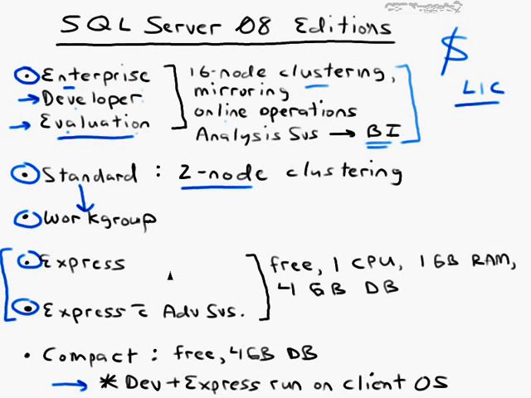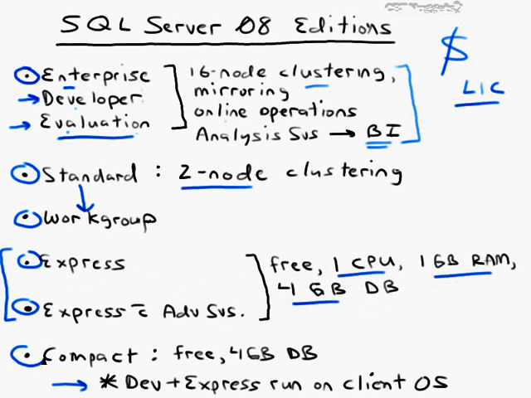We can actually write our line of business application to write to a SQL Server Express database, and Microsoft will allow us to actually bundle SQL Express with our line of business app. Isn't that neat? What's the Achilles heel? Well, SQL Express only supports one CPU, up to 1 gig of RAM, and the database can only grow to 4 gigs. So there are some significant limitations to SQL Express.